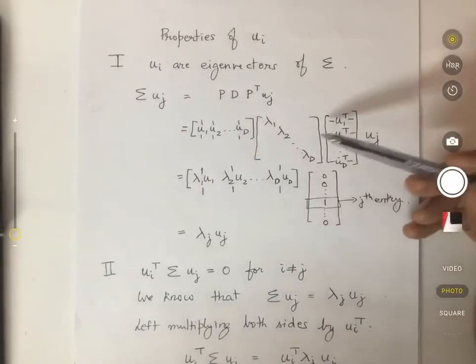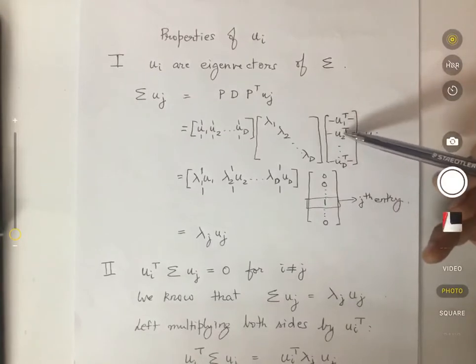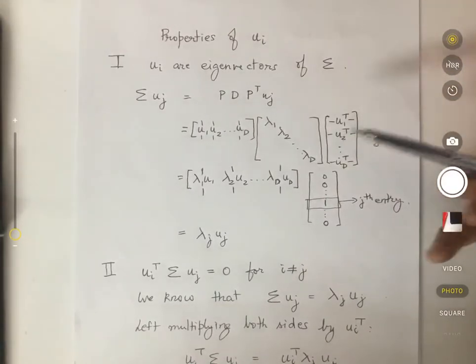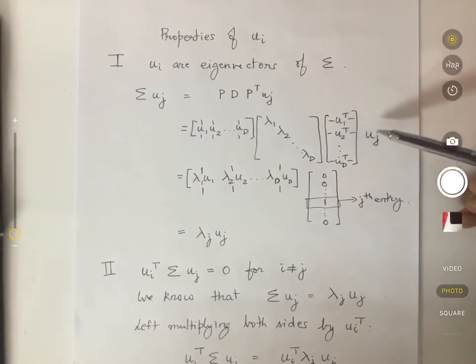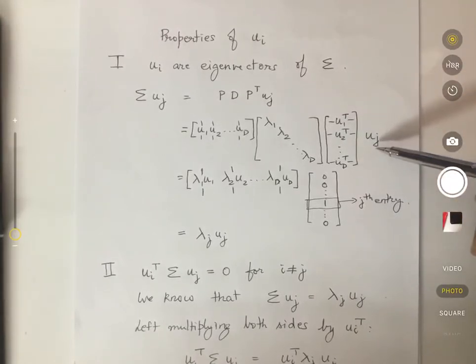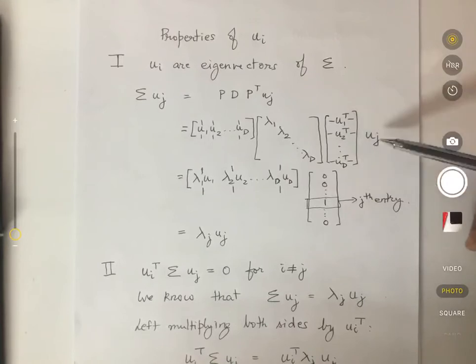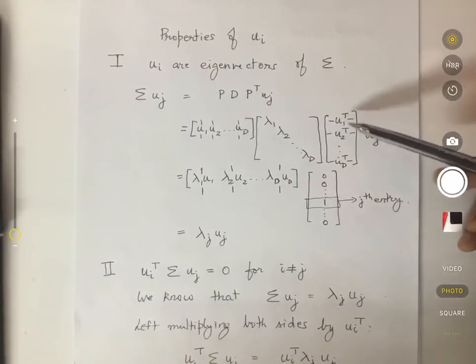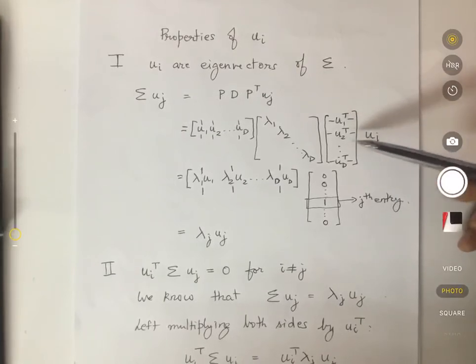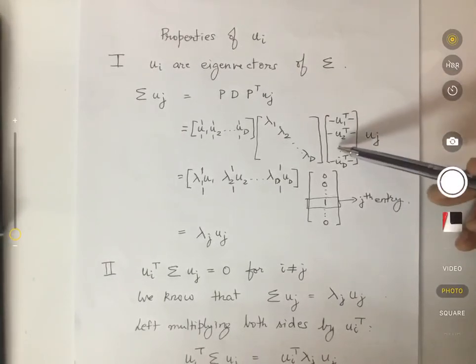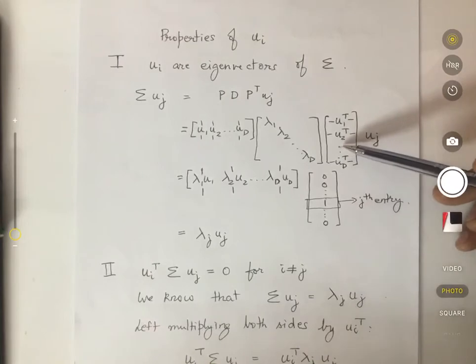Now let's look at the two on the right. This is a row vector and this is a column vector, and you know that the product ui transpose uj is 0 when i is not equal to j. So all these terms get nullified except the term uj transpose that's somewhere in there.